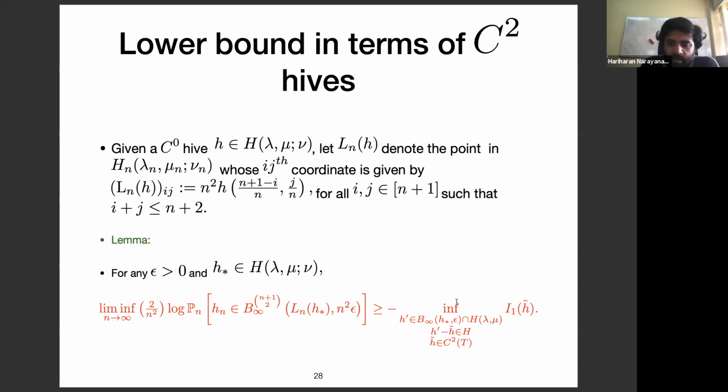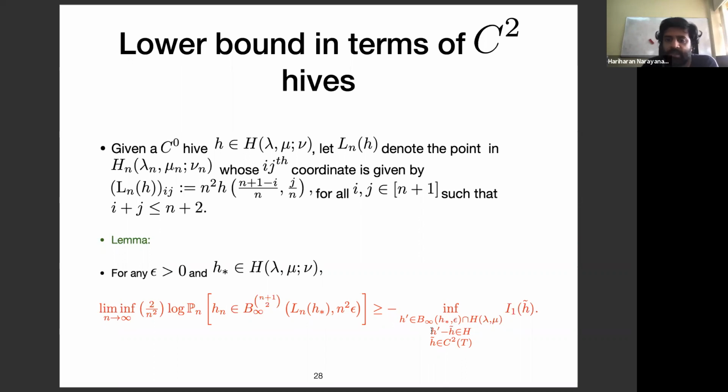We say that you take a hive H star, and you want to understand what is the volume of random hives at scale n, very close to it. So here's the epsilon. And what you get is that this is greater or equal to the negative infimum over all C2 hives that are dominated by hives contained in an infinity ball of H star.